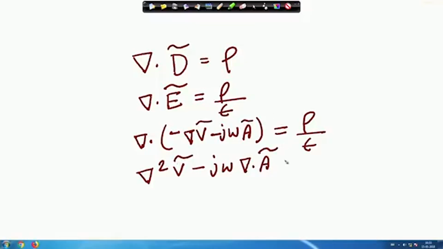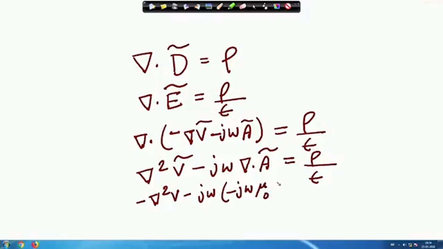All these are phasor quantities. Sometimes in a hurry, I am putting in the divergence, the Lorenz gauge condition here, and by that it becomes del square V plus k naught square V equals minus rho by epsilon.